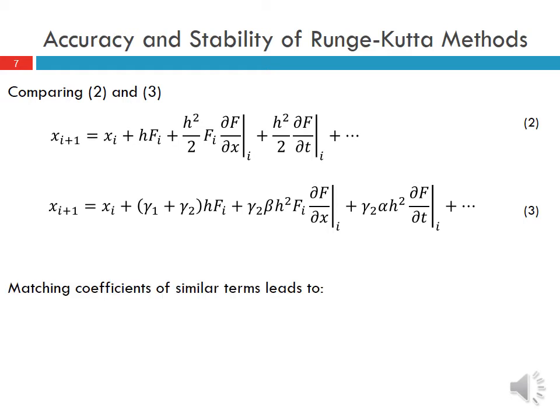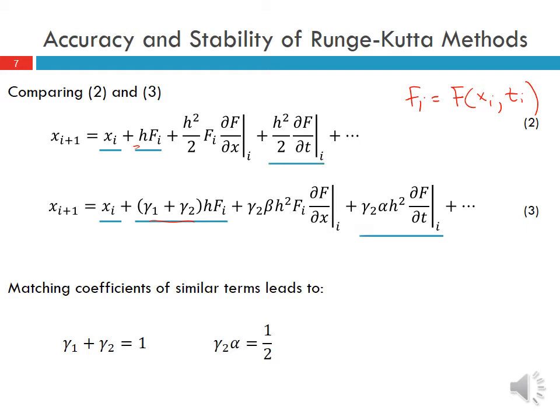You can see we have an x_i in both equations. We also have f_i in front, which is f of x_i and t_i. The coefficient of h f_i is gamma 1 plus gamma 2 here, and in the Taylor series it's just 1, so gamma 1 plus gamma 2 equals 1.